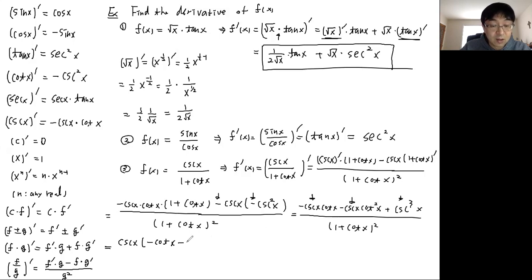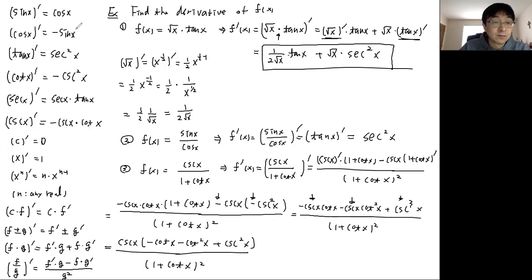So we have negative cotangent squared of x. The last one, only take out 1 cosecant, we have cosecant squared, over 1 plus cotangent x squared.